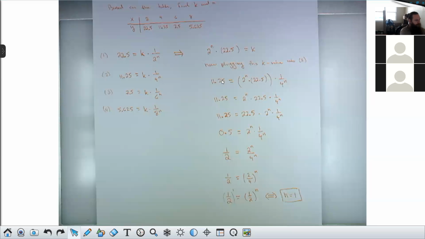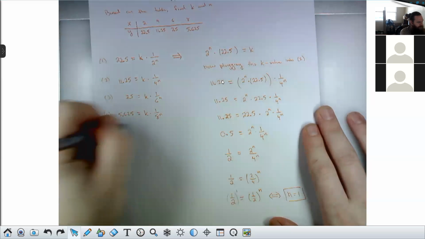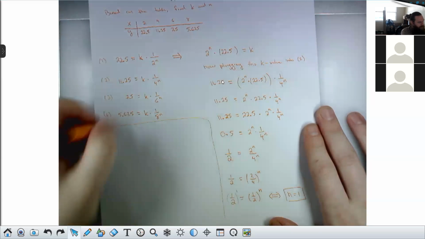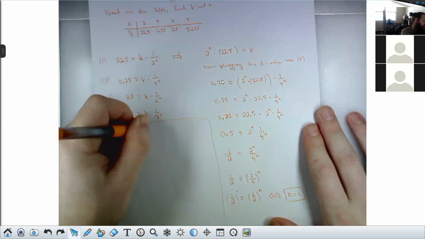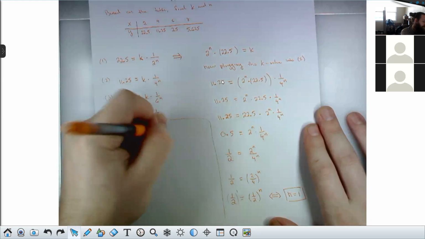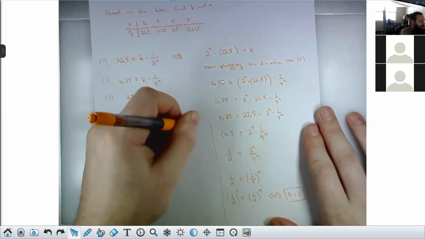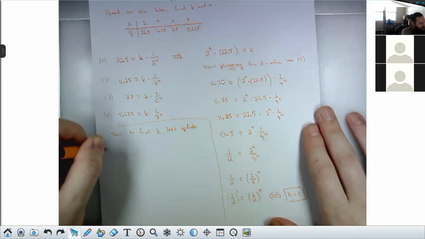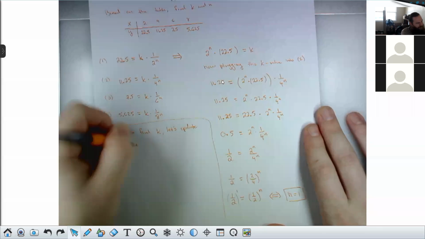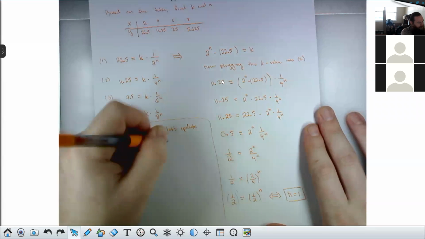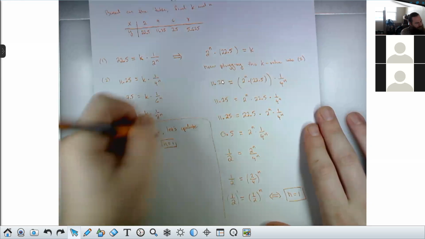Now that I know n, I have to find k. So let's update equation 1 with the value of n that we just found.